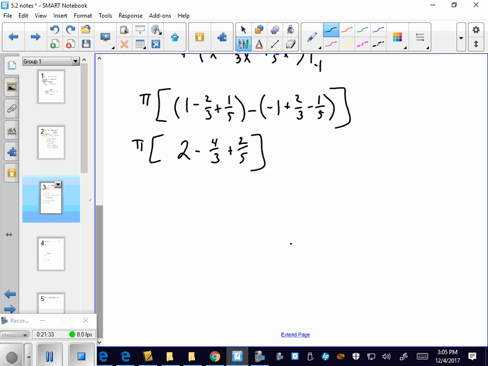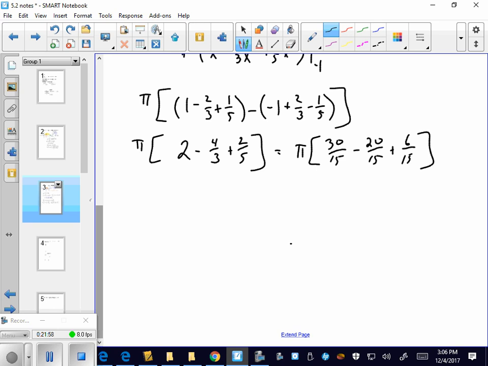So it looks like we're going to have to put everything into terms of 15ths here as a common denominator. So that'll be pi times 2 in terms of 15 is 30 over 15. 4/3 in terms of 15 is going to be multiplying by 5 top and bottom, 20 over 15. And then plus, what's that going to be, 6 over 15?